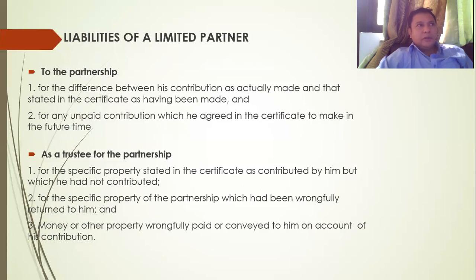So the limited partner now becomes a trustee, and if he fails to give that money to the limited partnership, then he will be liable criminally. So limited partners should be careful when it comes to money. If the money should belong to the partnership, he should not accept it, no? But instead should give it directly to the general partners.